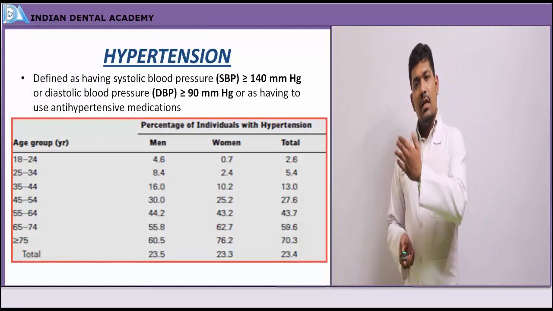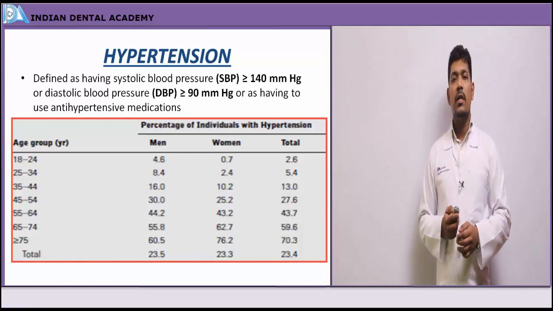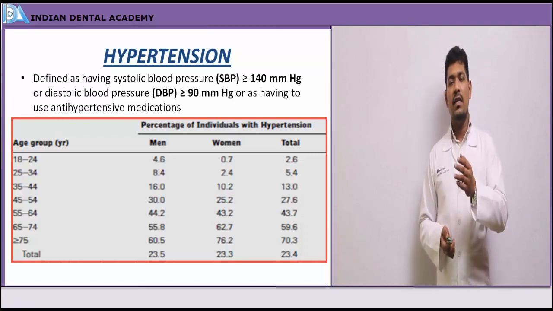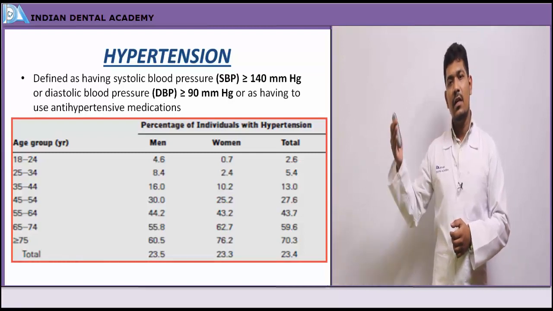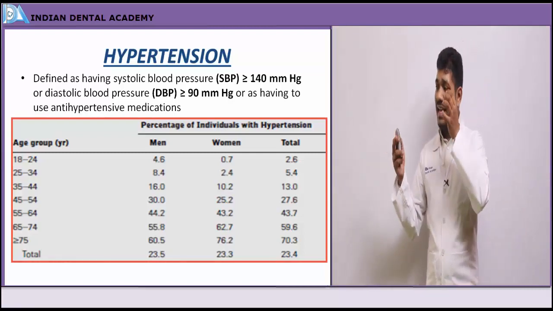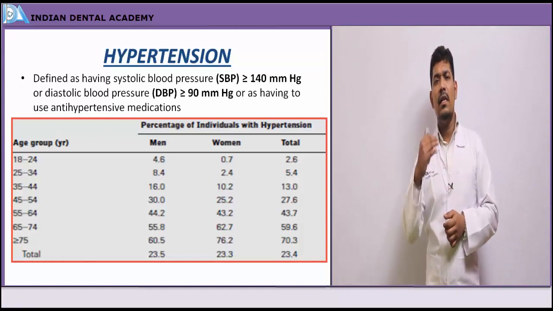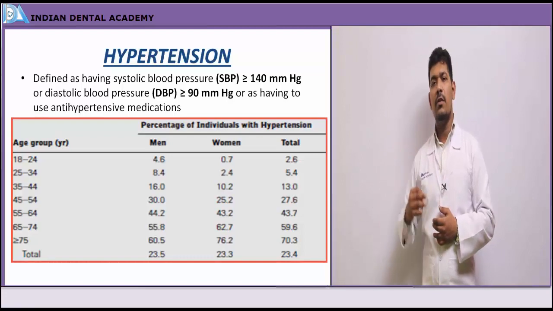Now if you see the statistics accumulated over the last 10 years by the CDC and the ADA, as the age increases, the incidence of hypertension also increases, more so drastically within the middle age groups, from 20-25 years up to 40-45 years.